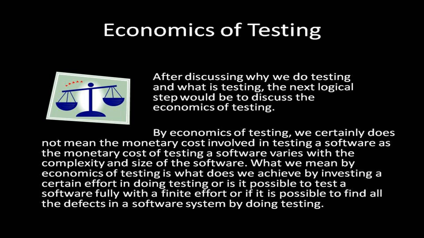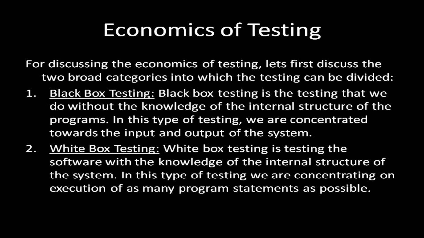To combat the challenges associated with testing economics, you should establish some strategies before beginning. Two of the most prevalent strategies include black box testing and white box testing, which we will explore in the next two sections. For discussing the economics of testing, let's first discuss the two broad categories into which the testing can be divided. The first one is black box testing.